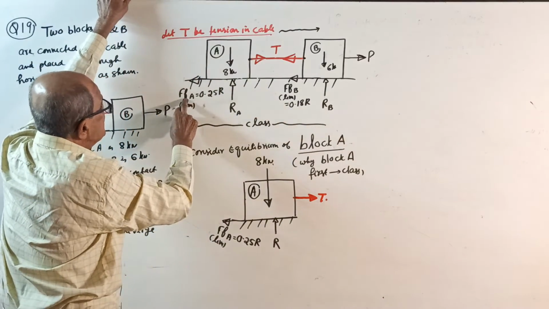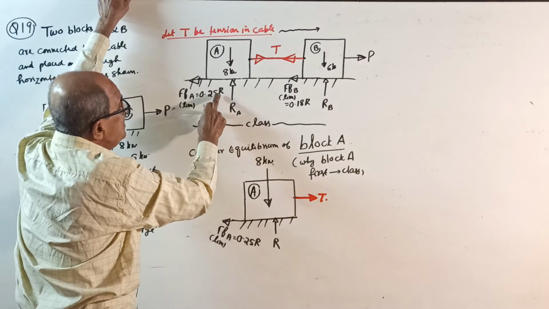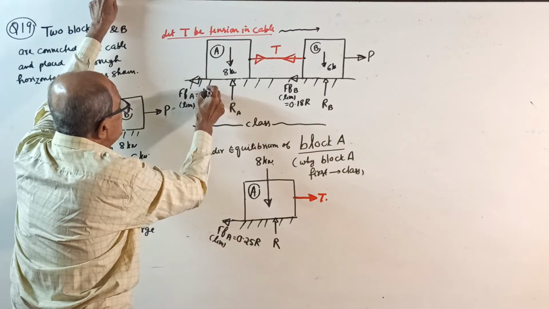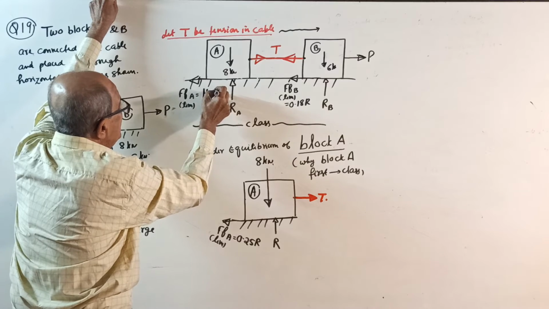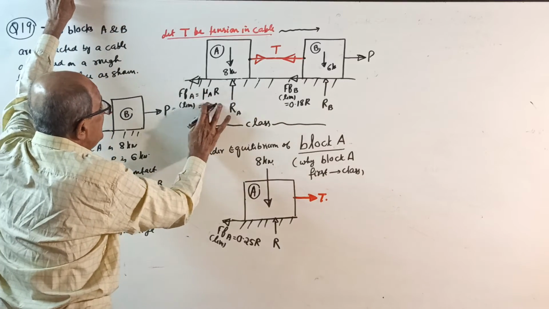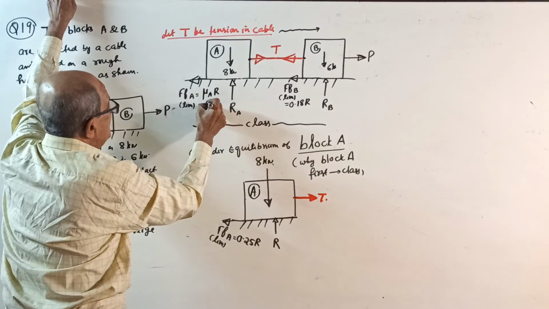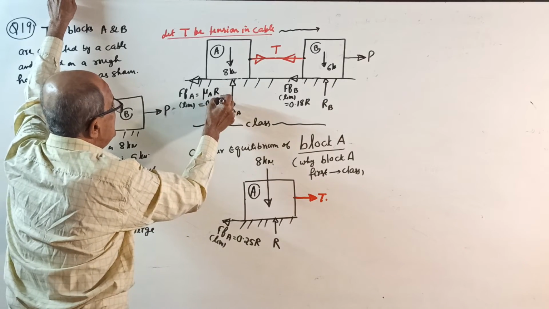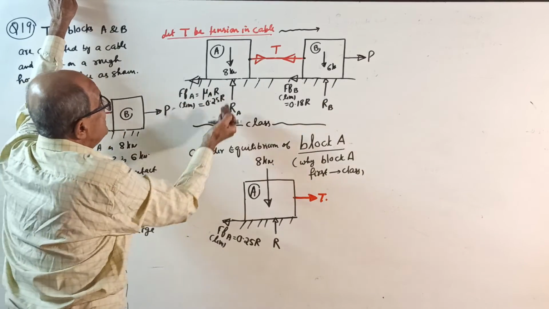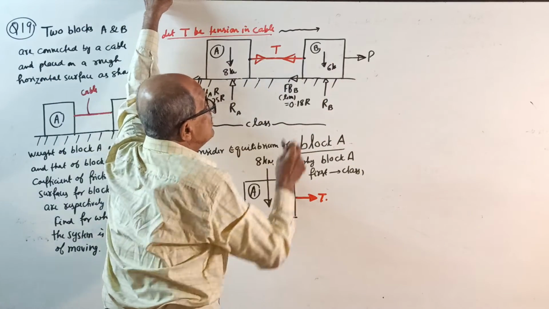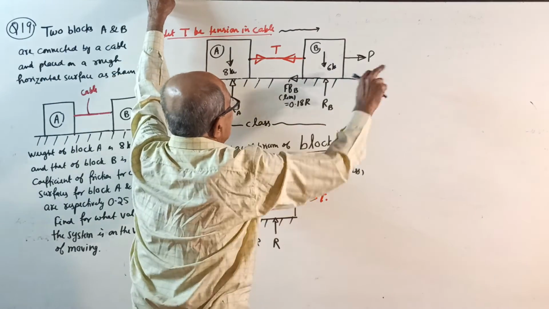Therefore, the frictional force for A is mu A into RA, where mu for A is 0.25. So it is 0.25 into RA. Tension over. Now consider block B. Let RB be the normal reaction. P is given.